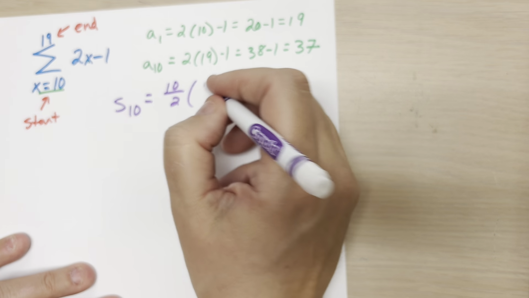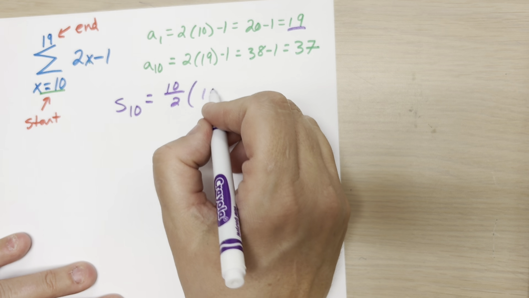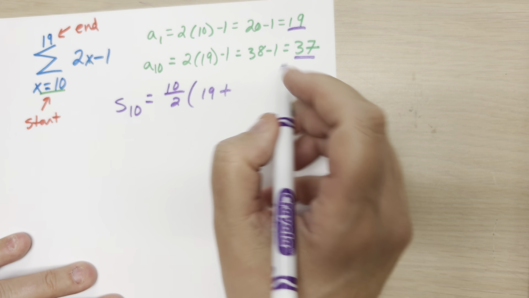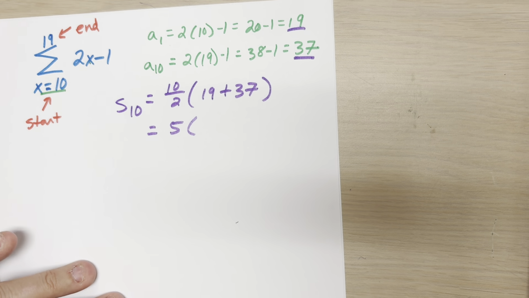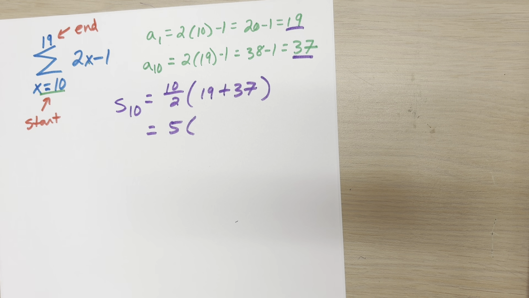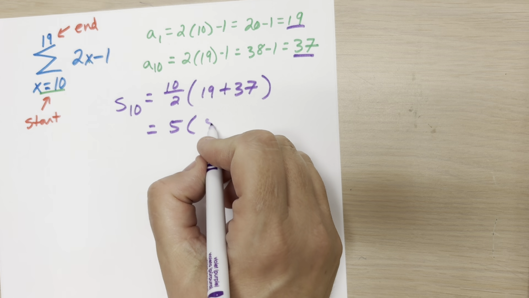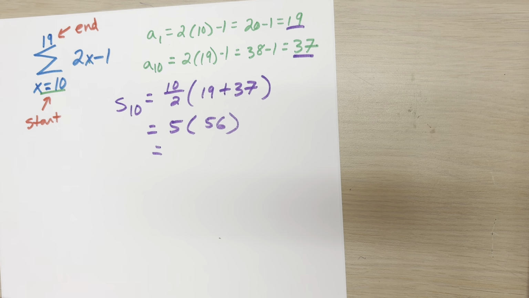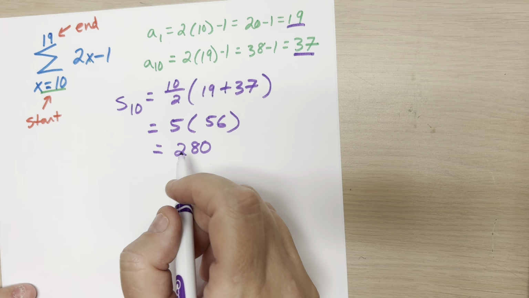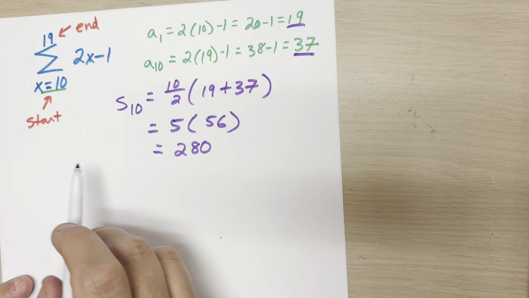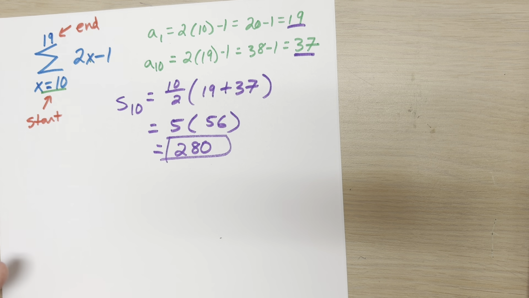And then we're going to multiply it by the first term, 19, plus 37. So we have 5 times, 19 plus 37 is 56. And then I'm going to multiply that by 5. So I get 280 as my sum. That means the sum of the first 10 terms will be 280.